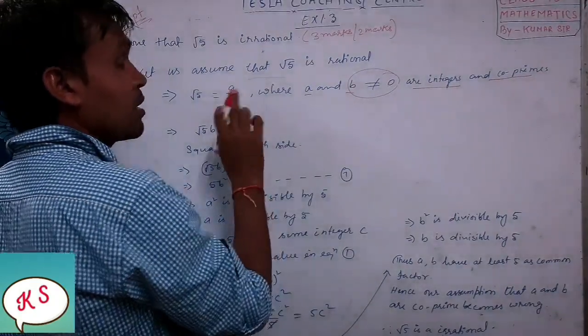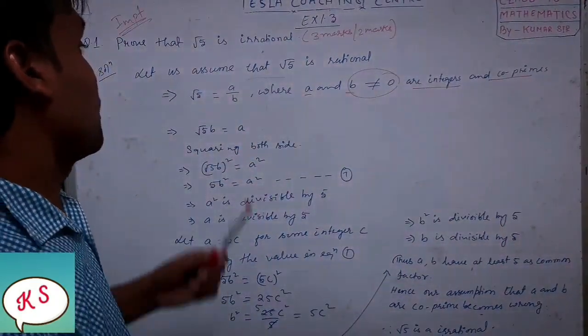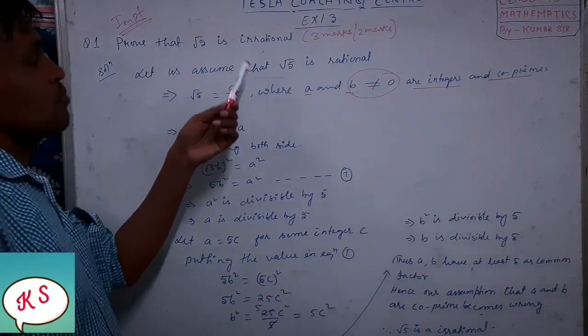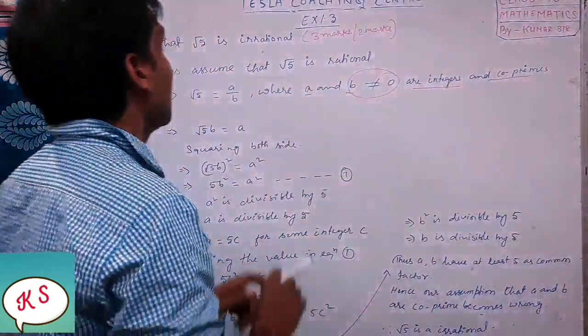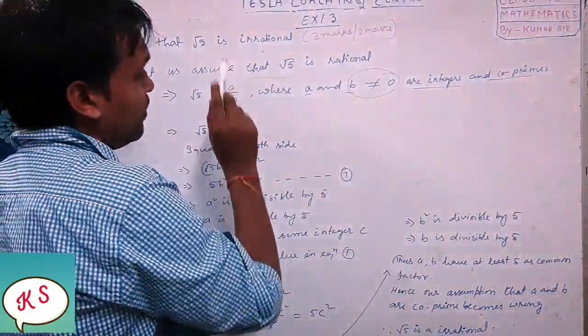That means the denominator will not be 0. So first we assumed that root 5 is rational. Next we wrote root 5 is equal to a by b.